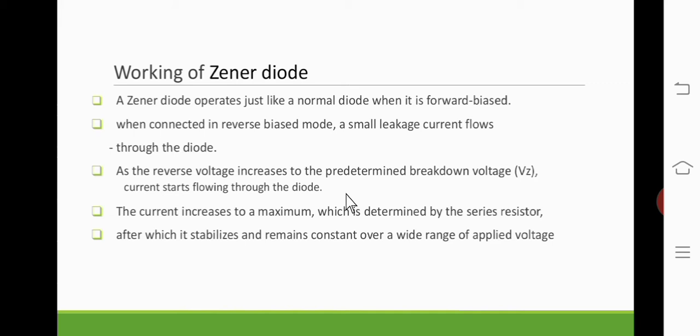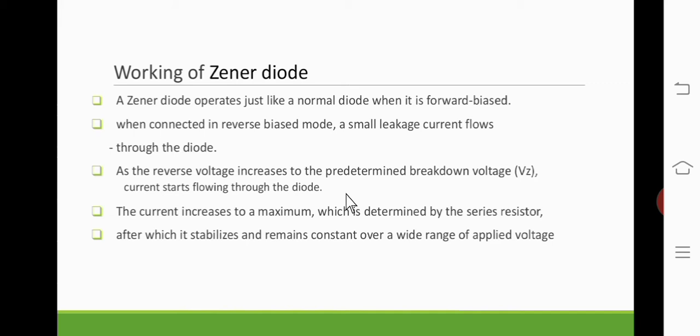In the same way, when the zener diode operates in forward bias, it just acts as a normal diode only. The same graph we get when it is forward biased.